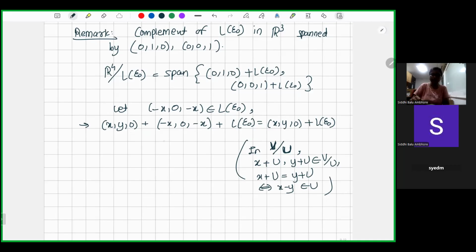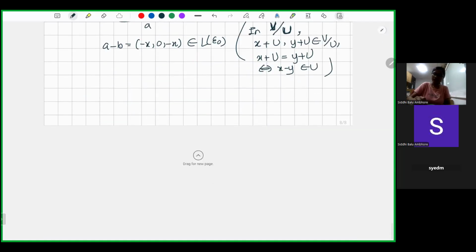So these two elements are the same here: x, y, 0 plus L epsilon naught, and the other element plus L epsilon naught. Calling them A and B, A minus B is minus x, 0, minus x, which belongs to L epsilon naught. So this makes sense.